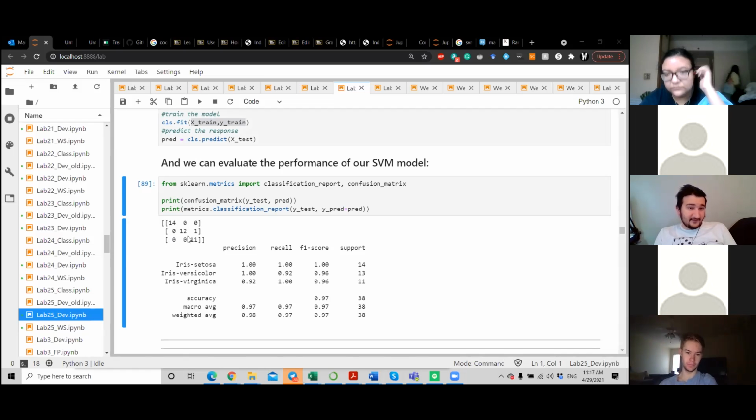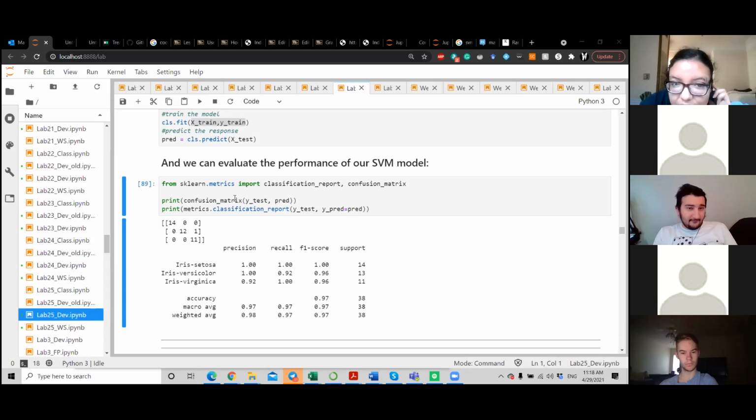Now, what about the second type? Abby, what do you think about the performance of this model in detecting the second type of plants? Let's see. Can you hear me? Yes. So we see that I was able to predict 12 actual values correctly, but we have 1 misclassification.